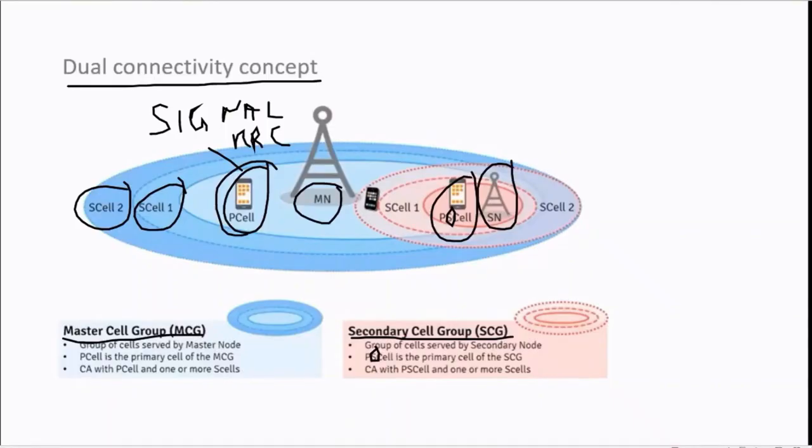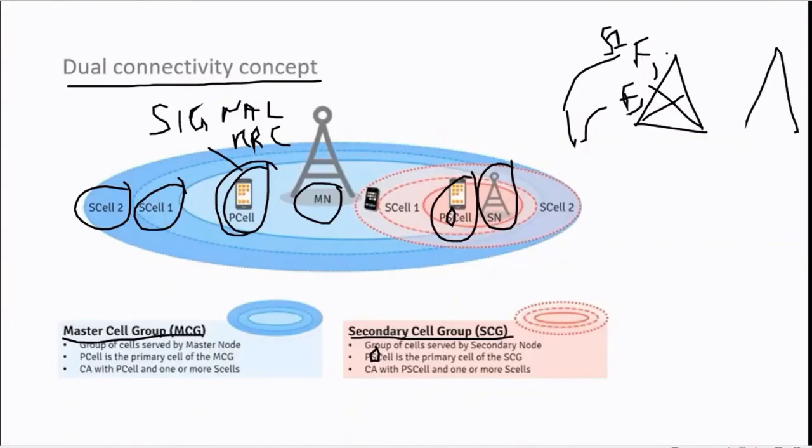At a high level, when we do carrier aggregation, if we have one BTS and two carriers like F1 and F2, then we do carrier aggregation between F1 and F2. But in this case, I have only one scheduler. With the help of dual connectivity, I have two BTSs. One is from LTE, and the second one may be from 5G.